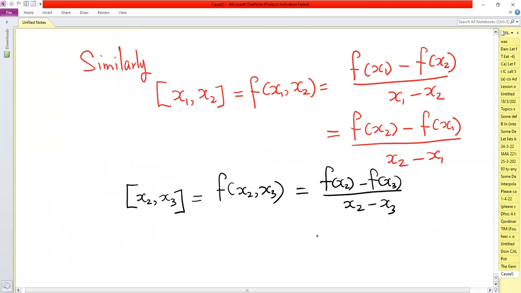Or you can write it as the value of the function at x3 minus the value of the function at x2 divided by x3 minus x2.